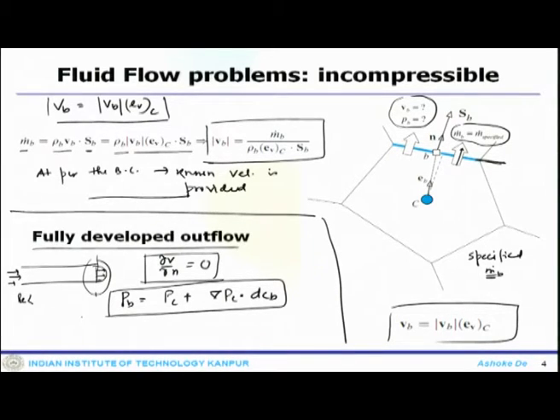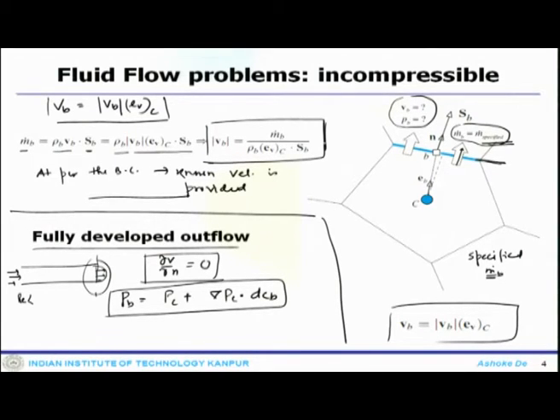So, all these conditions, when you provide mass flow rate or fully developed condition, are somehow or other connected with the previous boundary conditions. When you have already specified a velocity condition, the coefficients are going to be modified accordingly. What matters here is that when you specify a mass flow rate, from the mass flow rate you first calculate the velocity, then the discretized equation can be used as we have developed for a known velocity condition.